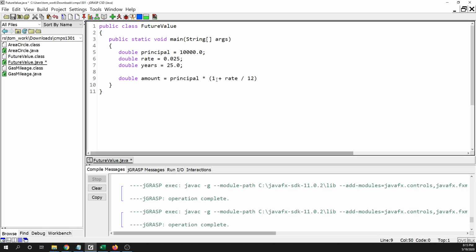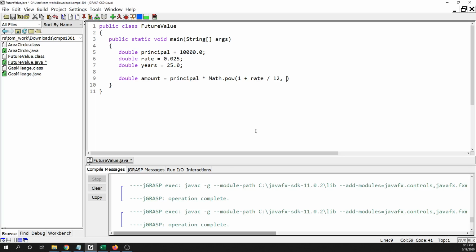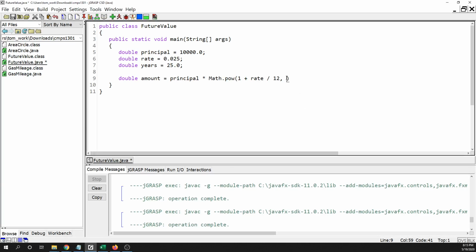Using Math.pow, the base goes first inside the parentheses, and that's 1 plus rate over 12. And then the exponent goes after a comma. The exponent here is 12 times the number of years, so that would be 12 times years. All right, let's try that and make sure everything's okay.